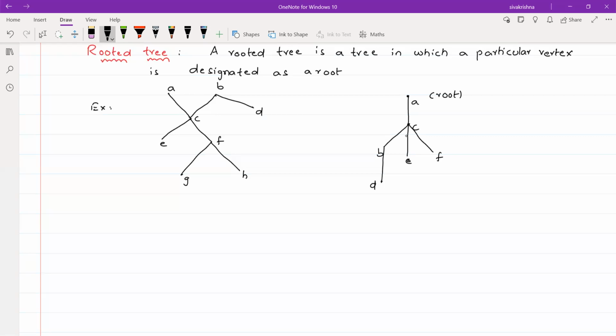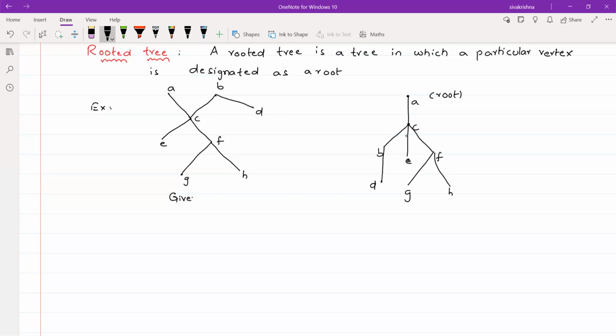Coming to the vertex F, we are having three edges incident on that particular vertex. One is from F to C, that was already drawn. Now we have to draw two more edges, and those are F to G, and another one is F to H. So this is G and this is H.